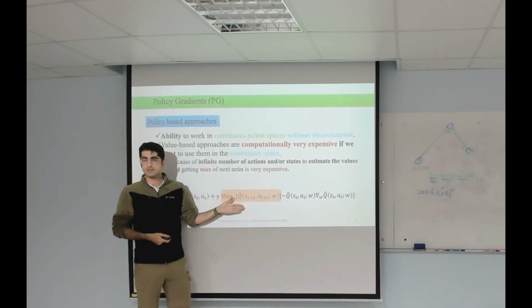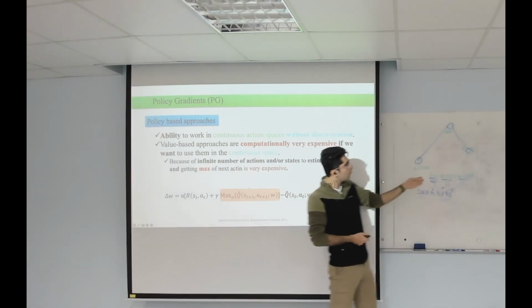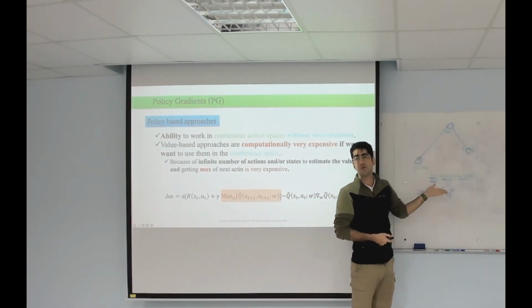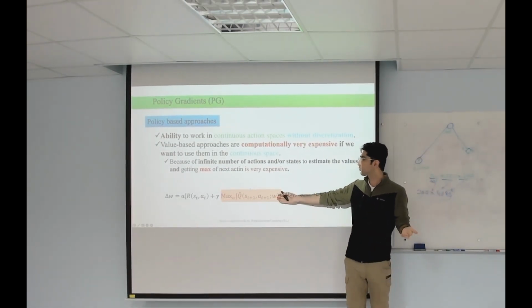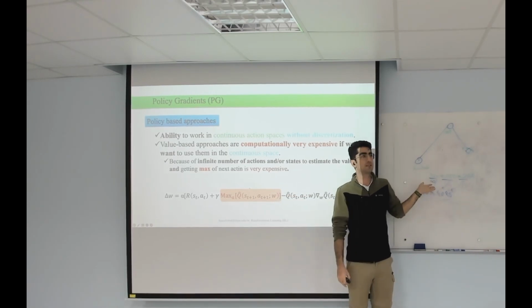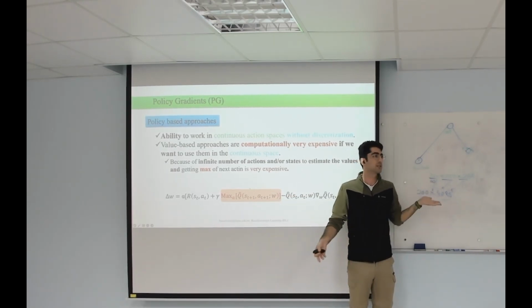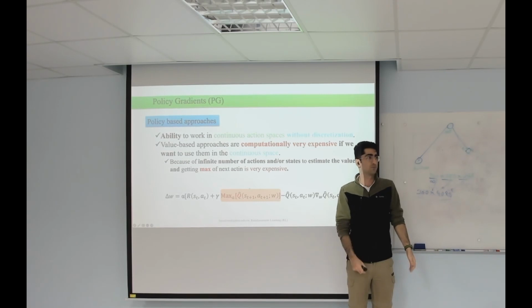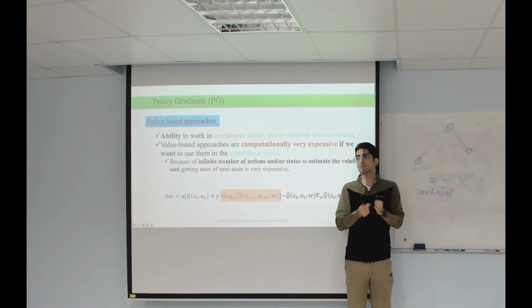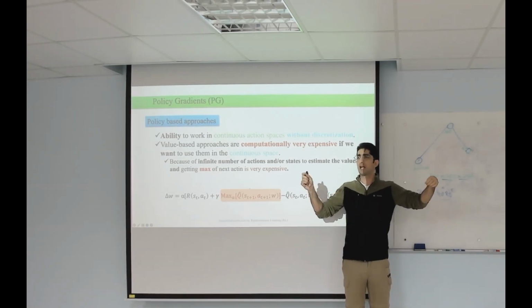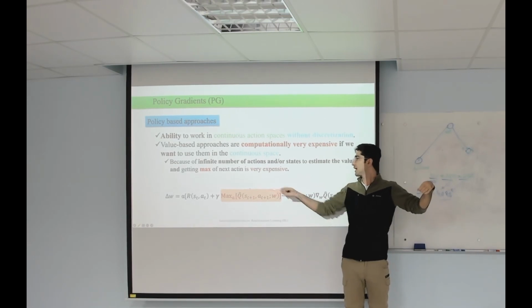So you need to know all these possibilities. And just to get the max of all these possibilities, one iteration is very expensive, and if it's continuous, you have something near an infinite number of actions in the action space, and you want to get the max of that.